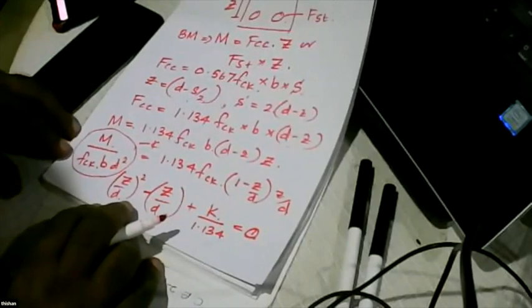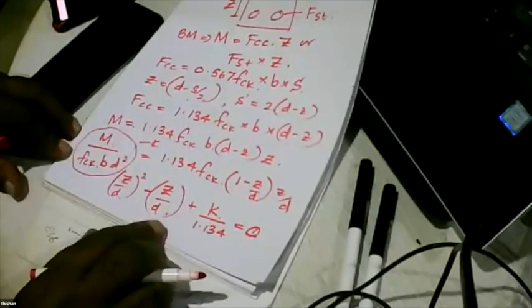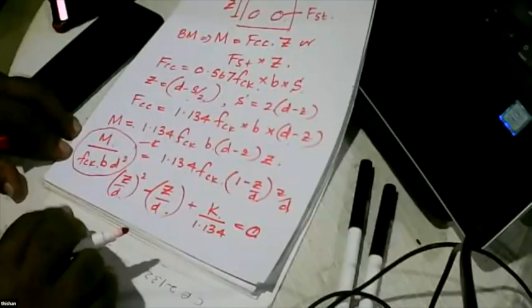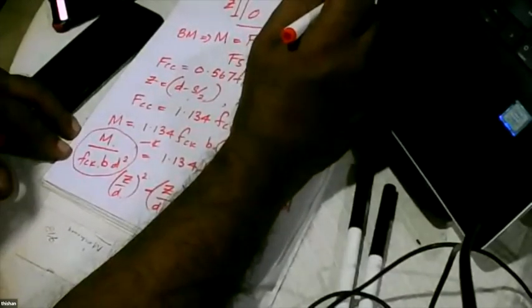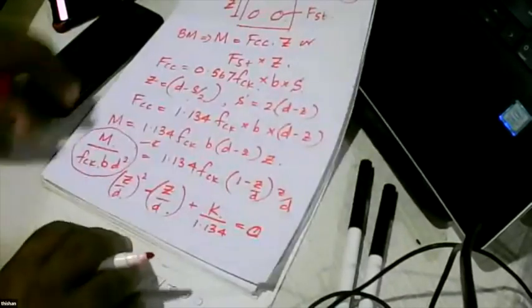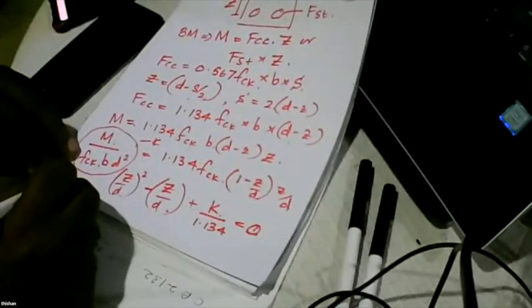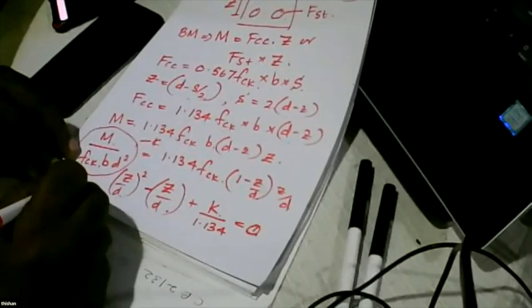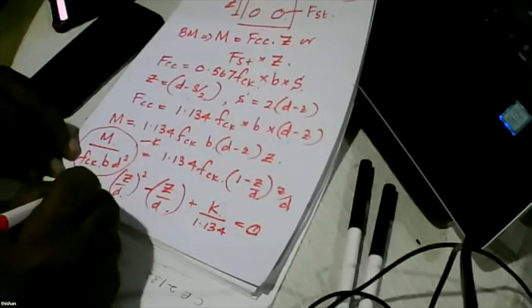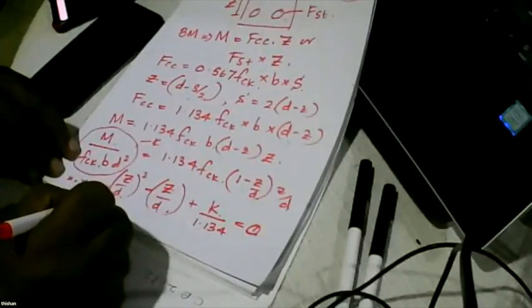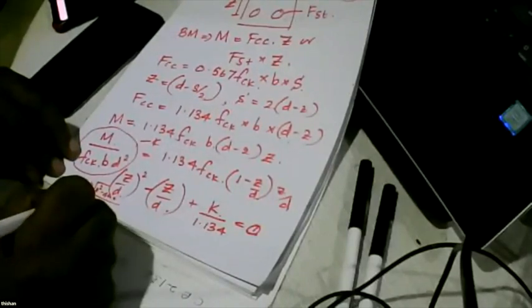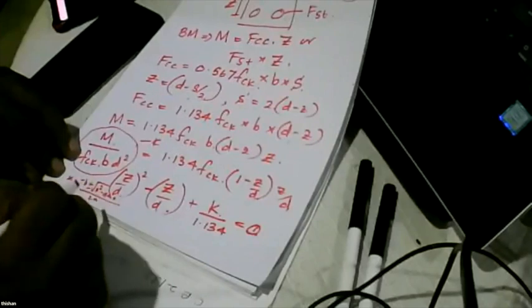So then we can get a second order equation like this. And this is page number 7. So what we can do is find the solution for this, and X is equal to minus b plus or minus square root of b squared minus 4ac divided by 2a.